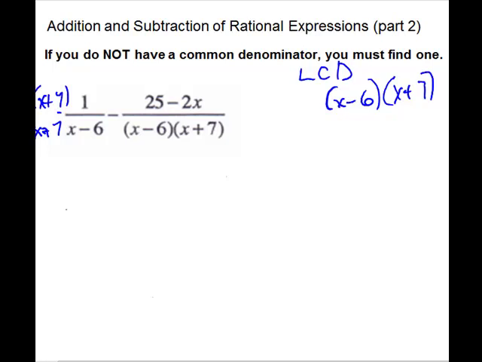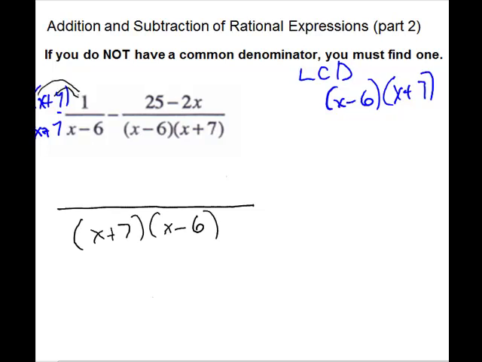And I'm going to shorten this step just a little bit. Right? I'm going to go ahead and just keep that common denominator. So I have x plus 7 times x minus 6. And I'm going to combine the numerators on there. So I'm going to distribute. This will give me x plus 7. Right. Over here, I need to make sure I distribute this minus.